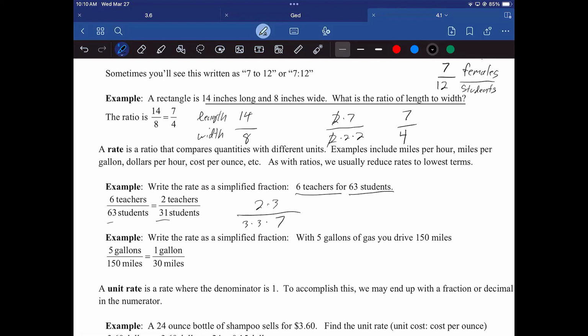So now we're going to say, okay, 3 divided by 3 is 1. 2 times 1 is 2. And 3 times 7 is 21. So we have 21 students per teacher. Does that seem right? No, we have 21 students per 2 teachers. So about 10 and a half students per teacher. There we go. That's my brain was itchy.